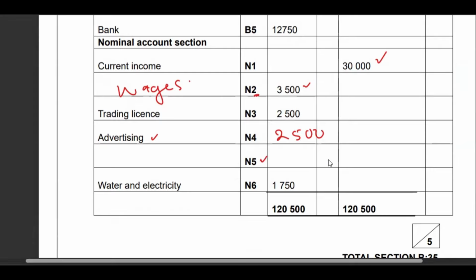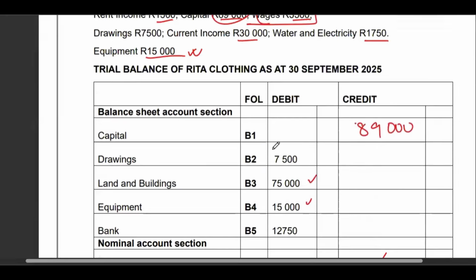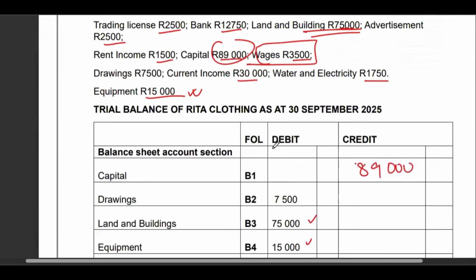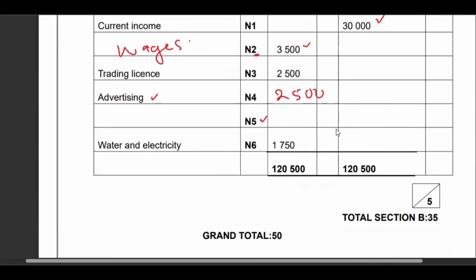And then what falls under N5 after advertisements? N5, we're going to have the rent income, which is 1.5, okay? So you're going to say this is rent income, and it's going to be 1.5.